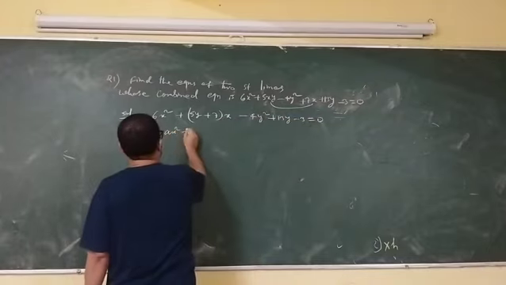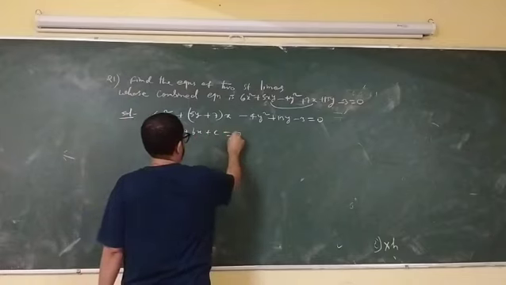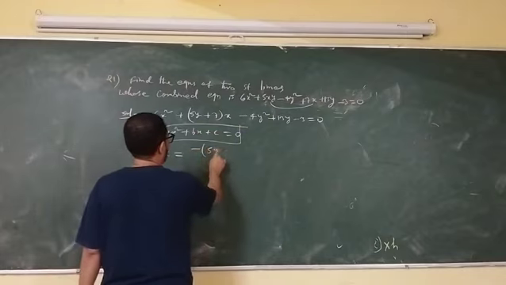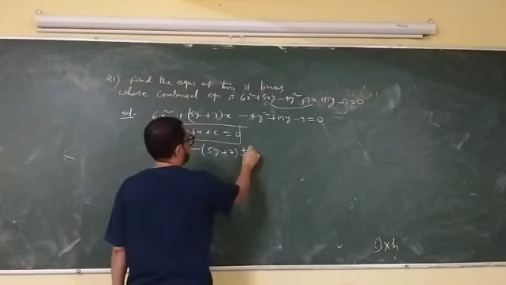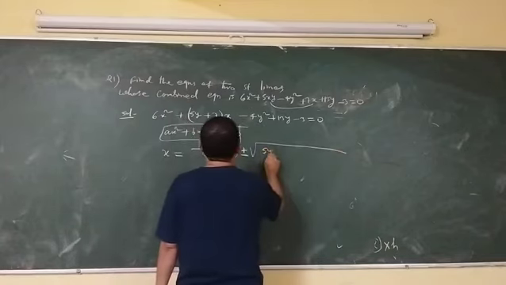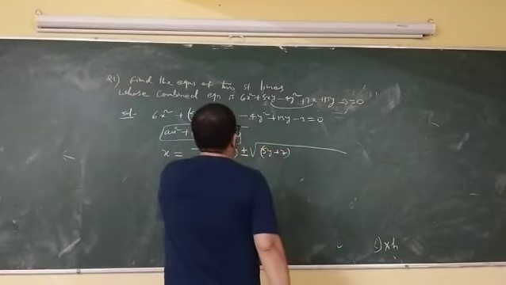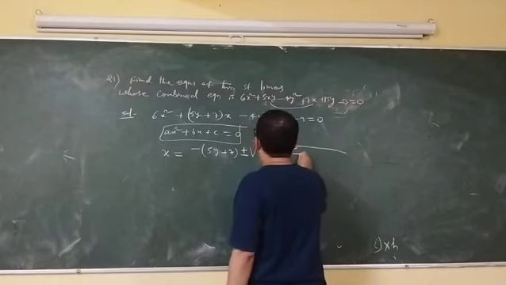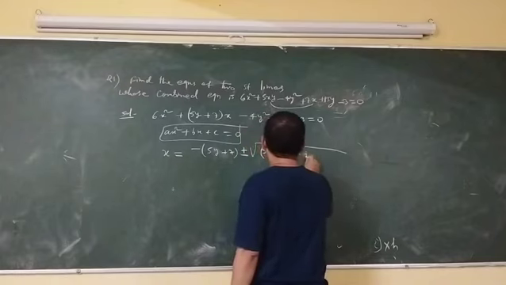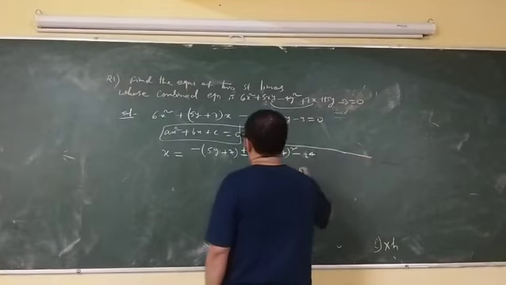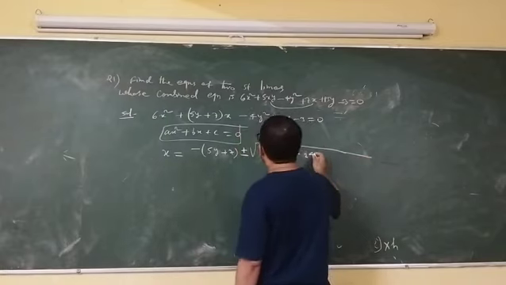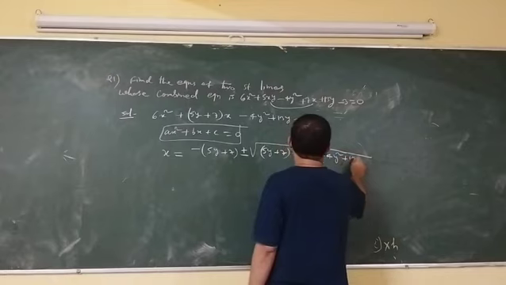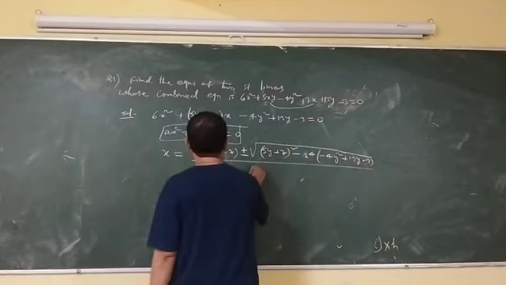Compare this with ax square plus bx plus c is equal to 0. So x value will be minus b, so minus (5y plus 7) plus minus the square root of (5y plus 7) square minus 4ac; 4 times 6 is 24, and c will be minus 4y square plus 13y minus 3, upon 2a, which is 12.